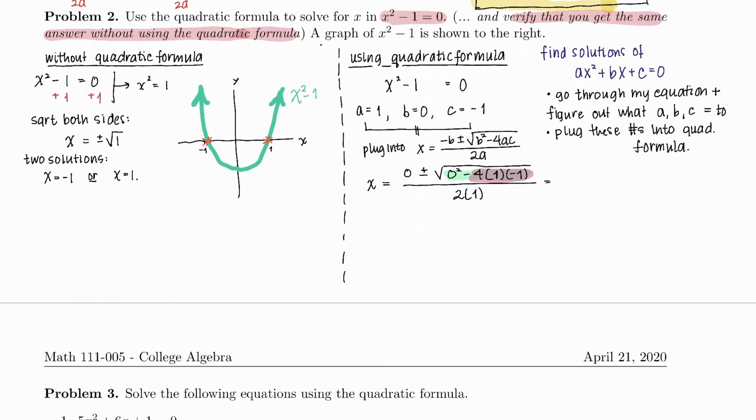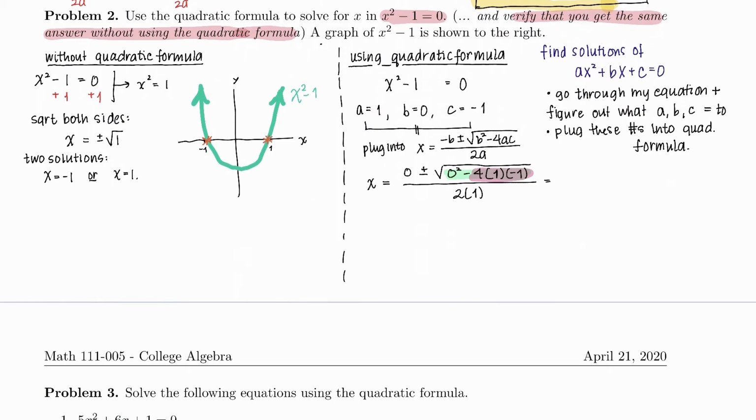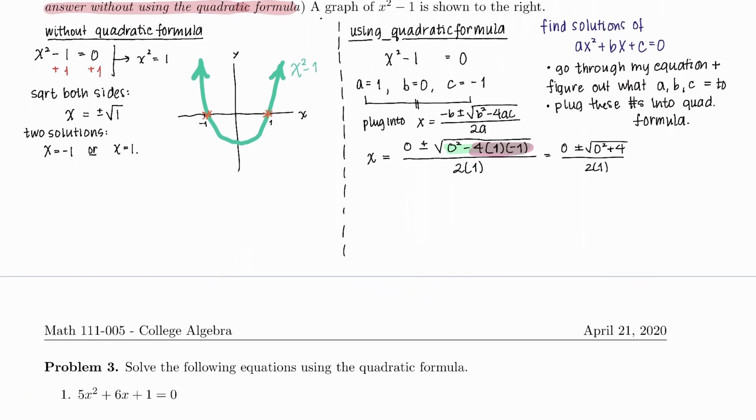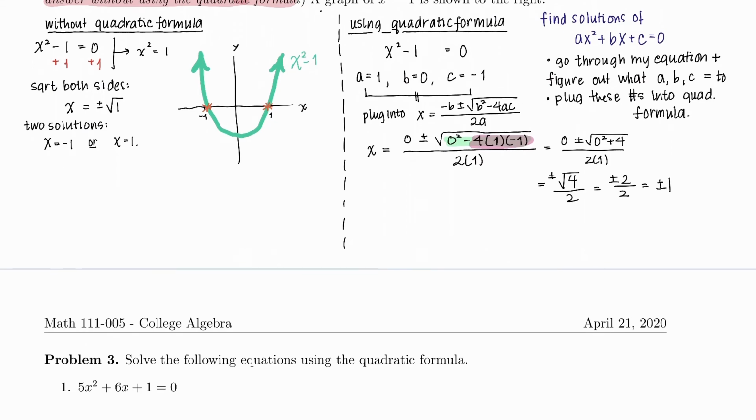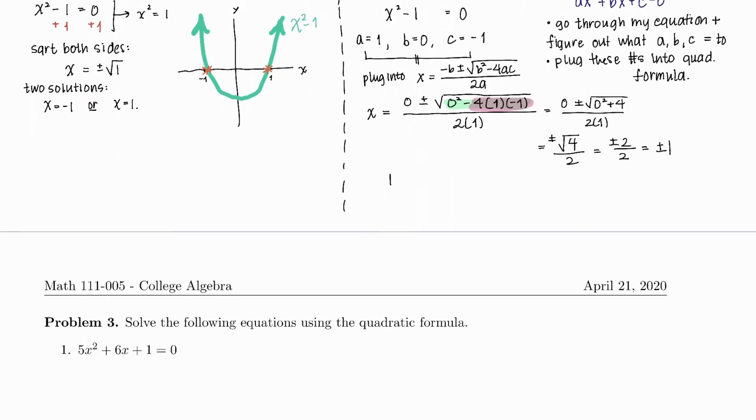So 4 times 1 times -1 is -4, but I'm actually subtracting that. So I have 0 plus or minus the square root of 0 squared plus 4 over 2 times 1, which is plus or minus the square root of 4 over 2, which is plus or minus 2 over 2, which is just plus or minus 1. So we have two solutions, just like before.